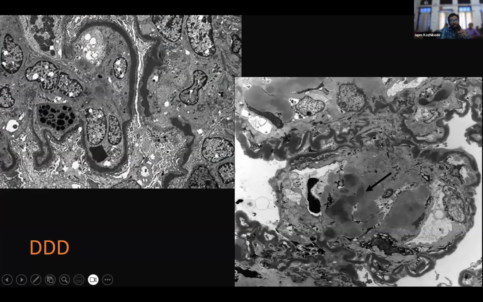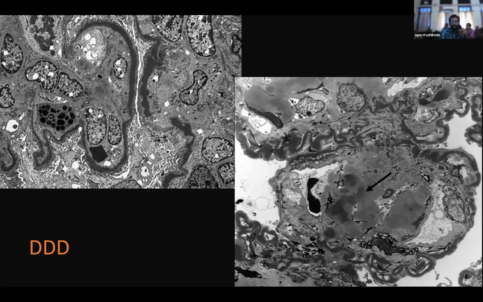So if you are looking at the electron microscopy of complement-mediated MPGNs, a portion of that will have thick ribbon-like electron-dense deposits along the basal membrane. Like this, very dense, ribbon-like deposit, and some spherical or ovoid kind of deposit may be seen in the mesangium also. This is what is called dense deposit disease.